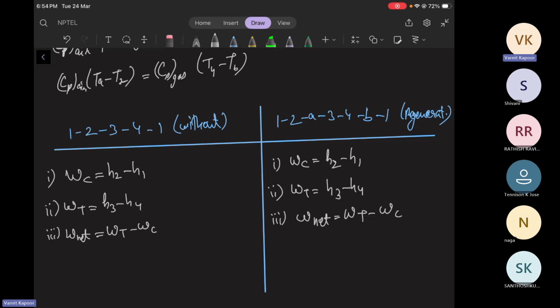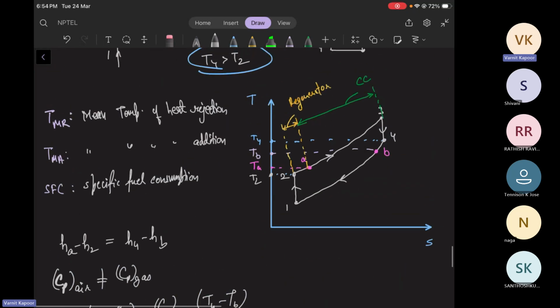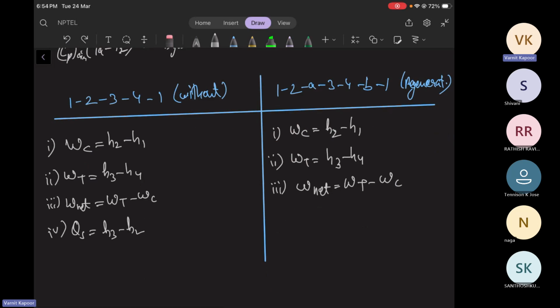Now the change happens to the heat supplied. What will be the change? Earlier, the heat supplied without regeneration was H3 minus H2. But now, the heat supplied will be from A to 3, so a lesser amount of heat is added. So Q supplied is H3 minus HA.